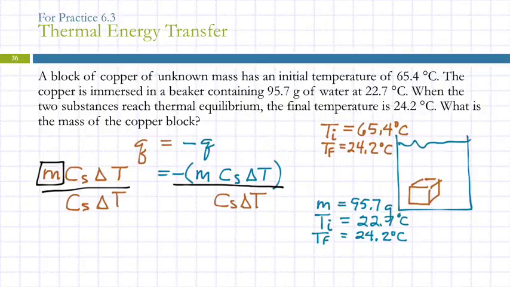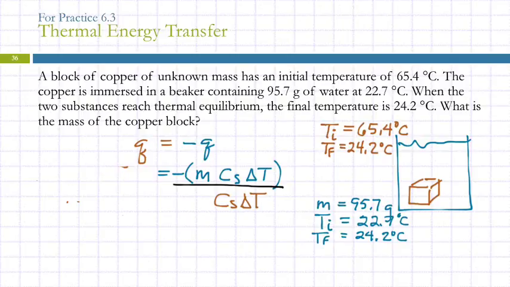Now, I've got colors to use. If you don't have colors, then you have to use subscripts. So you've got subscript Cu and subscript H2O or something like that. So these cancel out. And that's a mess, and I don't have a lot of room, so I'm going to cheat. The mass equals this.